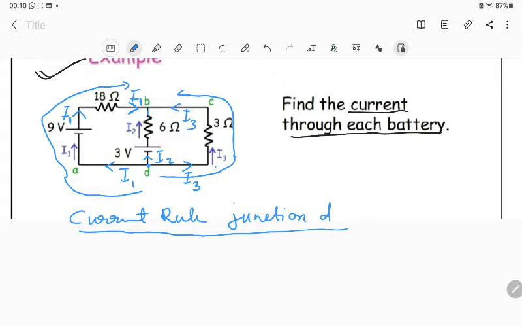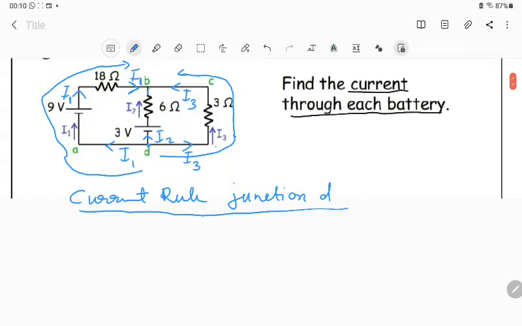It means the total current in a junction is 0. So we have to make a sign convention. Current flowing into the junction is positive, and current flowing out of the junction is negative.